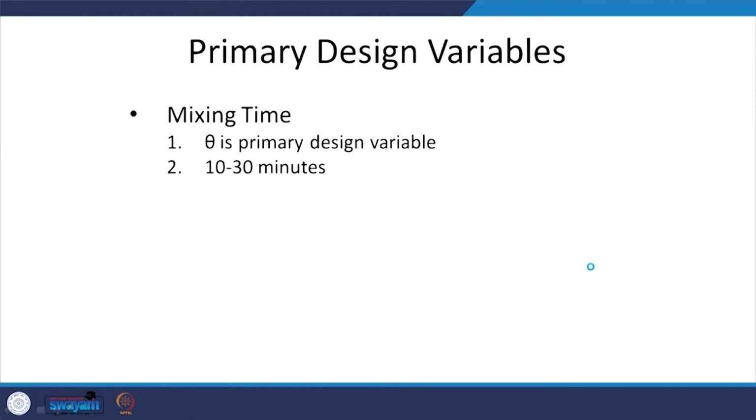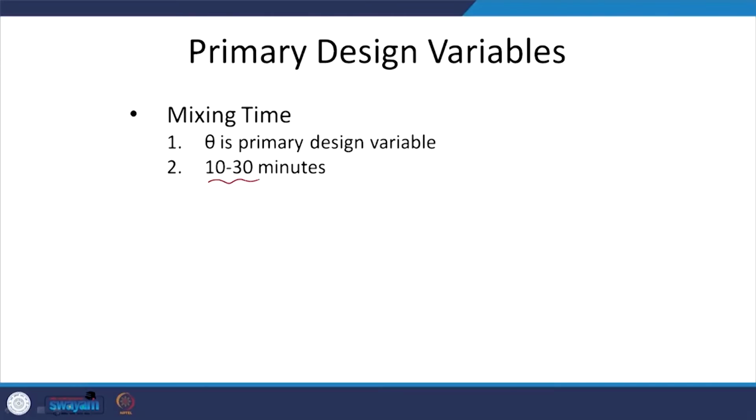So, primary design variables: what is it I am concerned with? I am concerned with imparting enough energy through the motors and then the paddles or the hydraulic flocculation chambers, such that there is enough turbulence but not a lot, so that the flocks come together or are formed. And here obviously theta is a primary aspect.